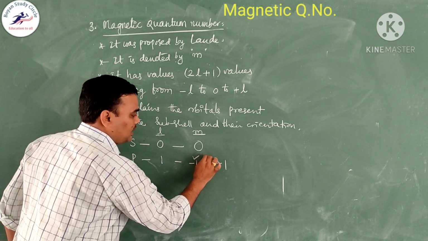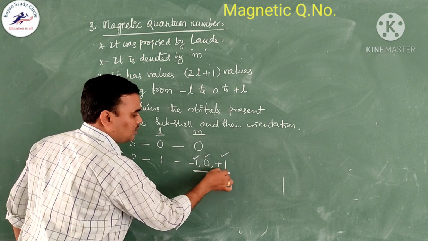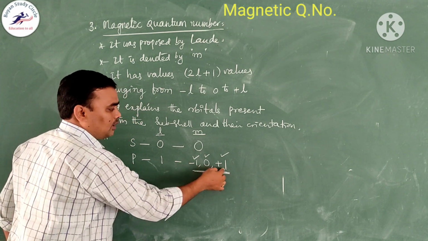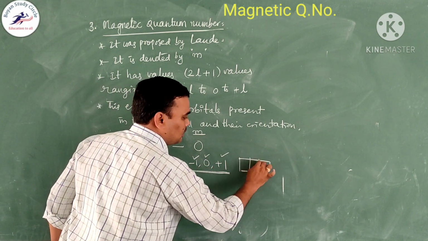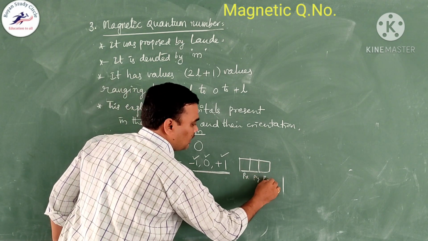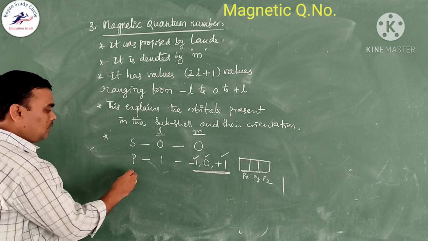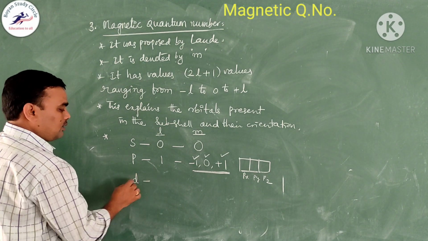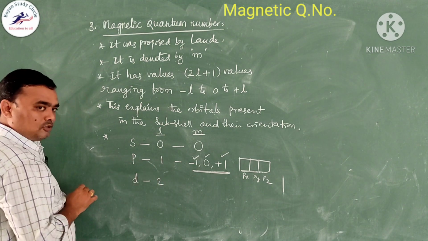So that means how many orbitals are present based on the values. There are 3 values, that's why 3 orbitals are present in the P subshell and they are oriented along Px, Py and Pz, right?